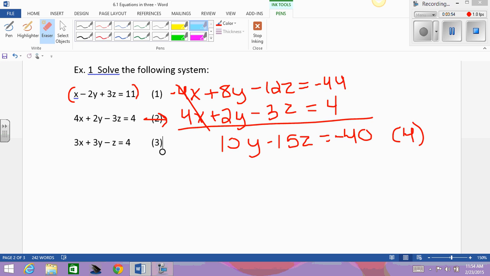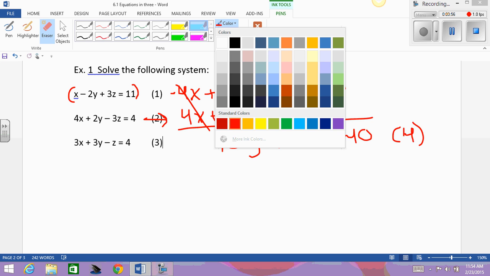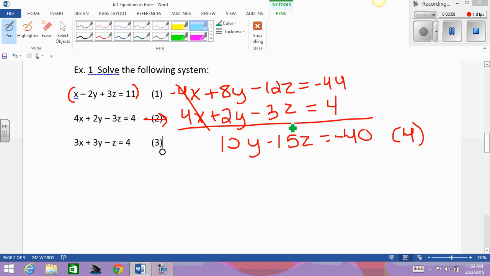So we're going to do the same thing again, except we want to work with 1 and 3 now. So what will I have to multiply 1 by to get the x's to cancel in 3? And we know that's going to be a -3. So let's distribute that through. Okay, I apologize, this is a new stylus and I'm not used to it yet, so it's going to be a little sloppy until I get used to it.